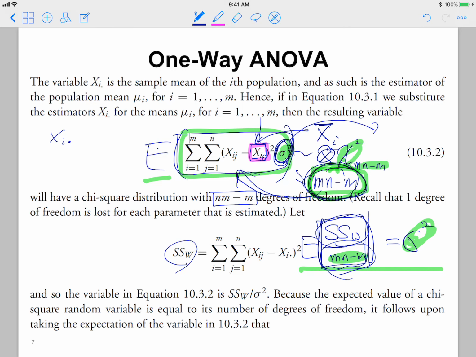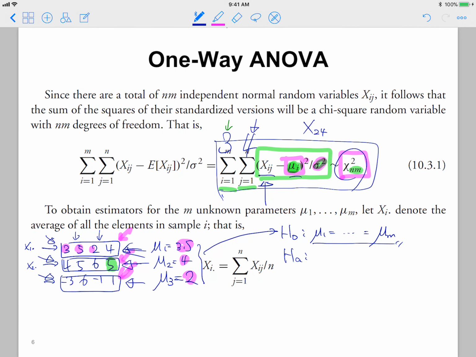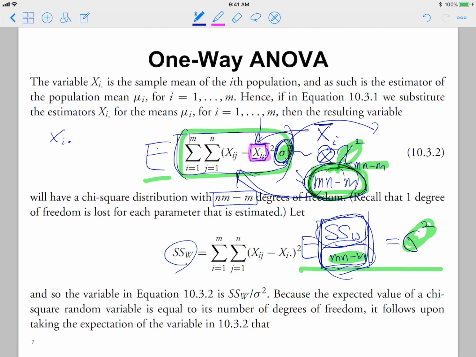In each group we had n degrees of freedom, but since we replaced the true mean by its sample mean, we have one less degree of freedom from n, and we have m different groups, here 3 groups. So the degree of freedom is m times n minus m, which is represented in this manner.